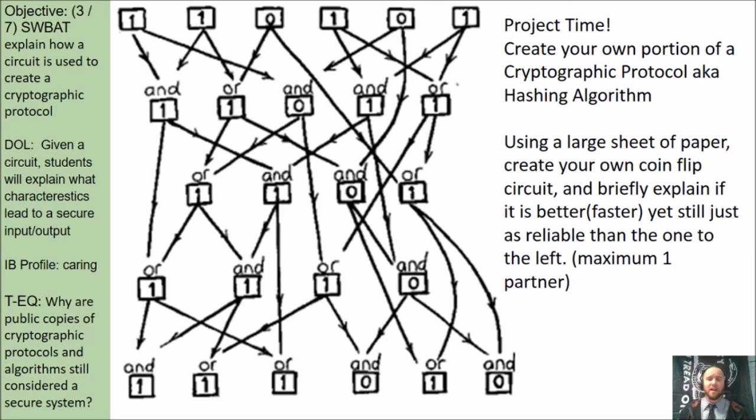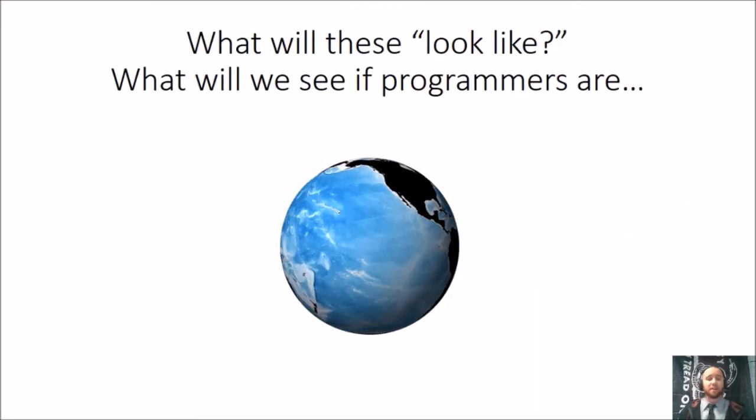The directions are: using large sheets of paper, create your own coin flip circuit and briefly explain if you're able to improve upon it and make it just as reliable, if not more reliable, than the original one to your left. You'll get the paper from me, and I will have a bucket full of pencils on my desk, because this is probably one of those activities where you will need an eraser and a pencil. When you're done, bring it up to me.